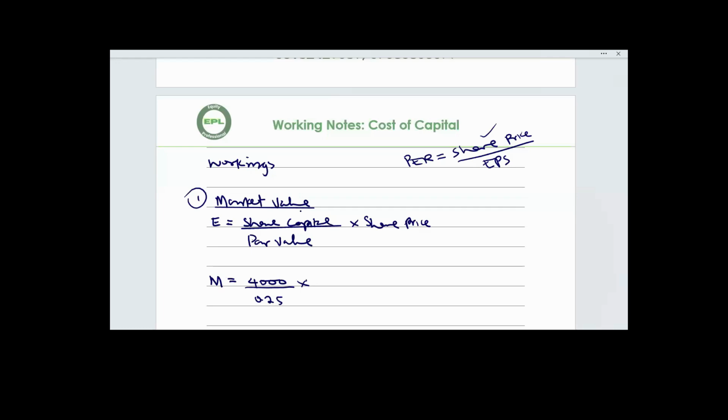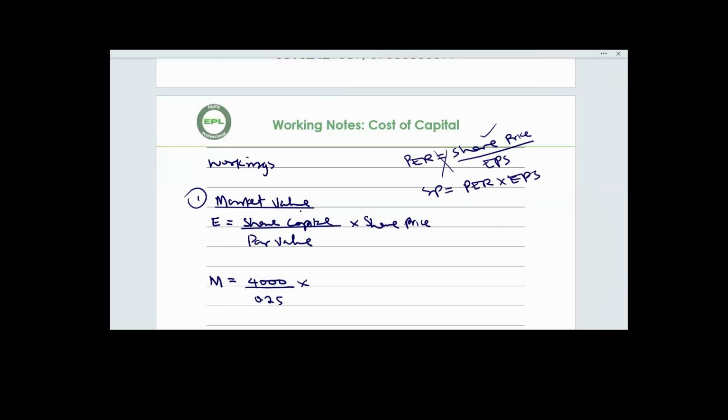Now, if the share price is not given, then all you need to do is cross multiply, so share price equals price earnings ratio multiplied by earnings per share.